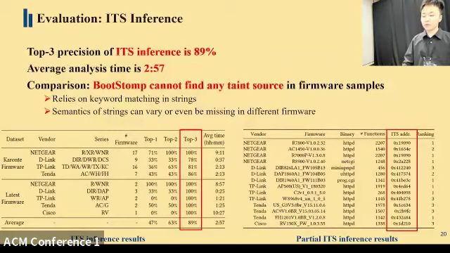As shown in the table on the left, at least one of the top 3 results can be used as an intermediate source with an average of 89%, which proves the effectiveness of FINS. Advanced work Brainstorm cannot find any taint source in firmware samples. The table on the right shows some addresses of the intermediate sources.